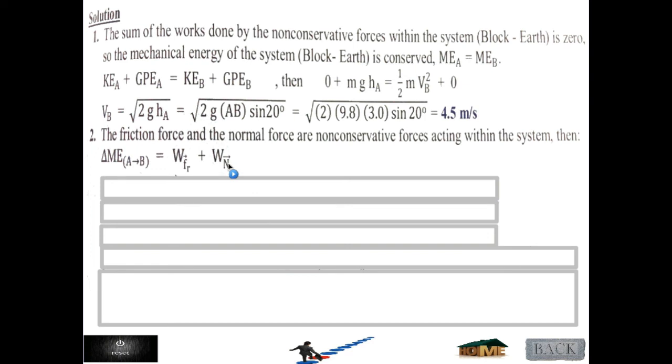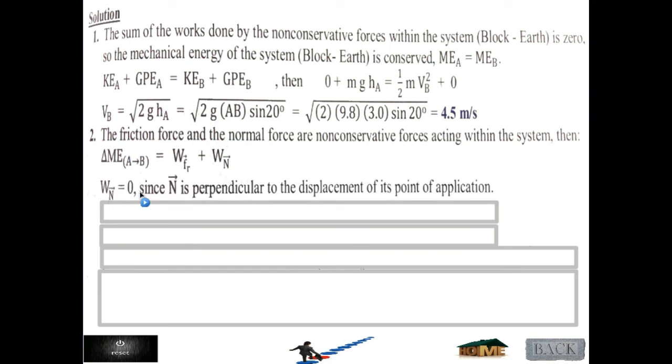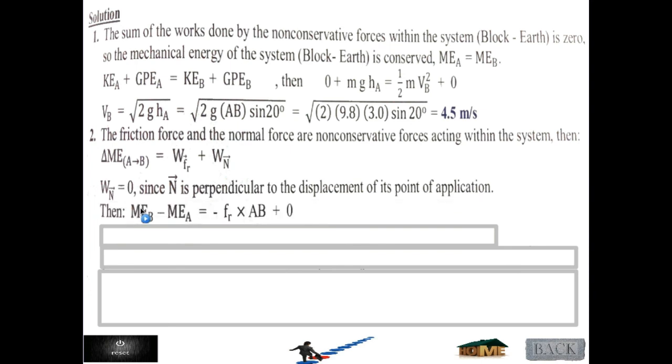As we said before, the work done by the normal is zero since cosine 90 equals zero, since N is perpendicular to the displacement, meaning the angle is 90 degrees. We know the work done by a force is the force times displacement times cosine of the angle between the force and displacement. So cosine 90 is 0. So delta mechanical energy, mechanical energy B minus mechanical energy A, equals the work done by friction.